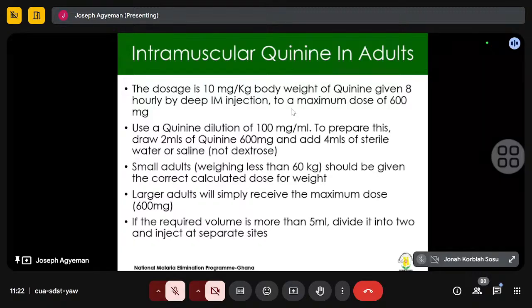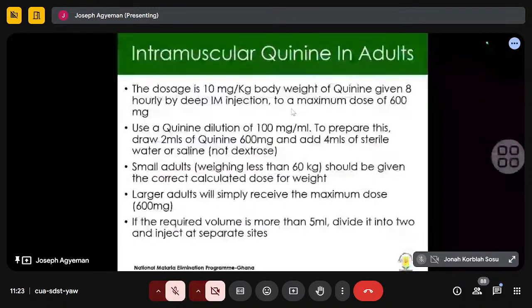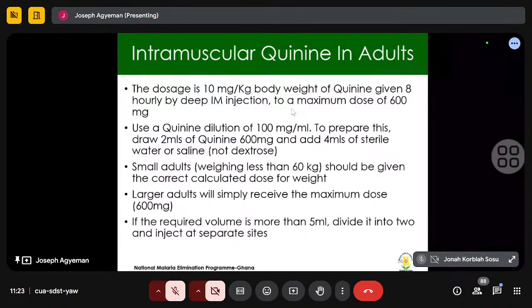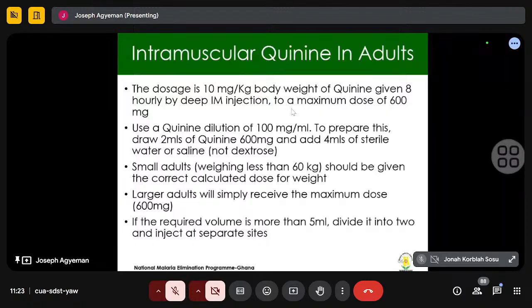And the recommendation is that if you have an adult patient in whom the total volume of that 100 milligram per mil solution to be administered is more than 5 mils, don't administer all of it at one site. Here, we are doing 6 mils as an example.